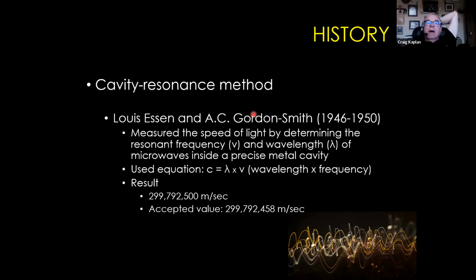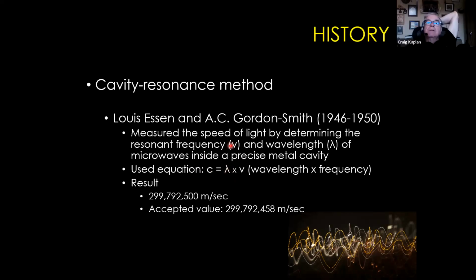So he measured microwaves that were in a box, measured their wavelength and their frequency, and then from this equation, and assuming that the microwaves were traveling at the speed of light, which is close to being true, he could calculate the speed of light by multiplying the wavelength and the frequency.